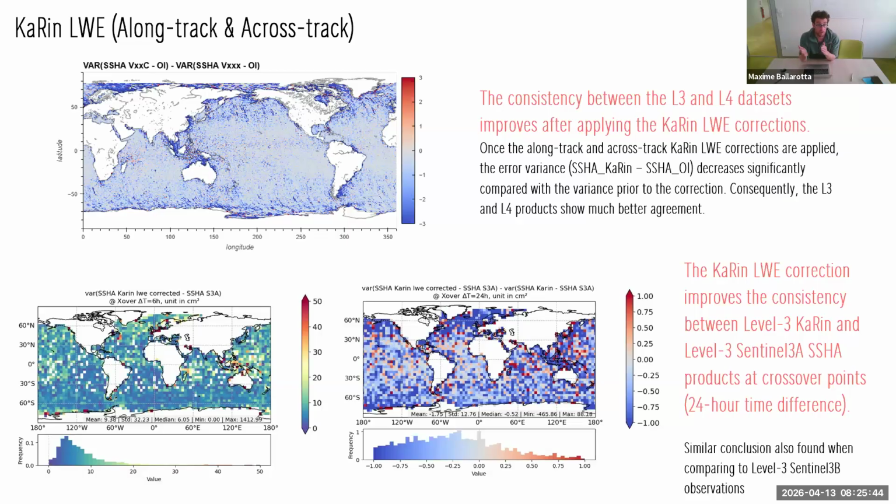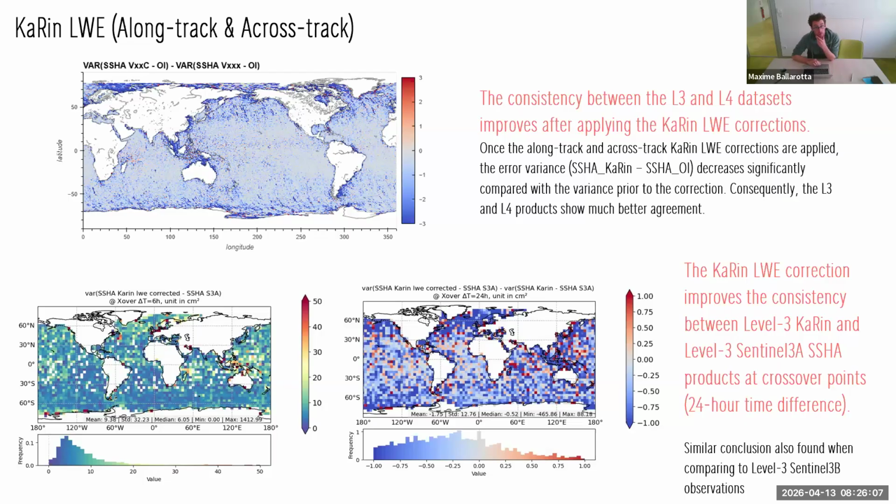So blue means we have reduced error, or better consistency, between the level 3 corrected with long wavelength error and the map. The strong reduction appears at mid-latitude and in coastal regions.